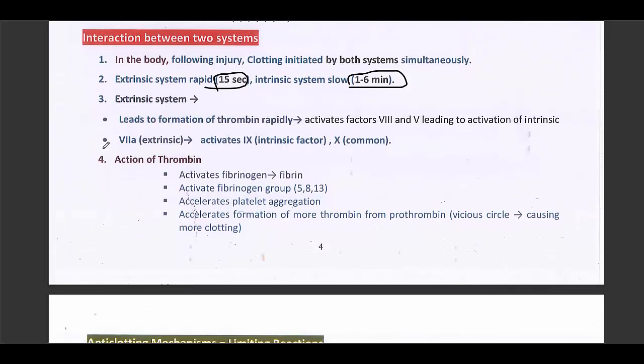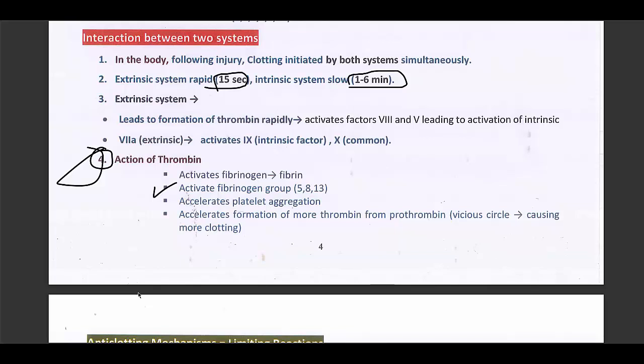Action of thrombin, it is important. It converts fibrinogen to fibrin, and activates factors 5, 8 and 13. It accelerates platelet aggregation and accelerates formation of more thrombin from prothrombin.